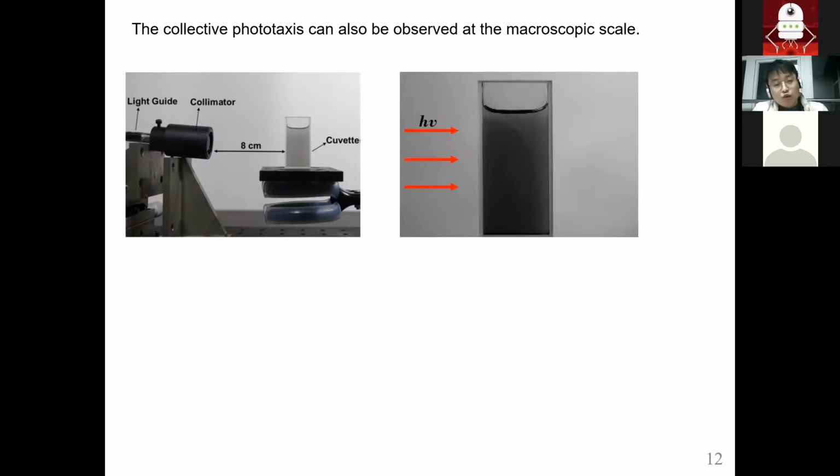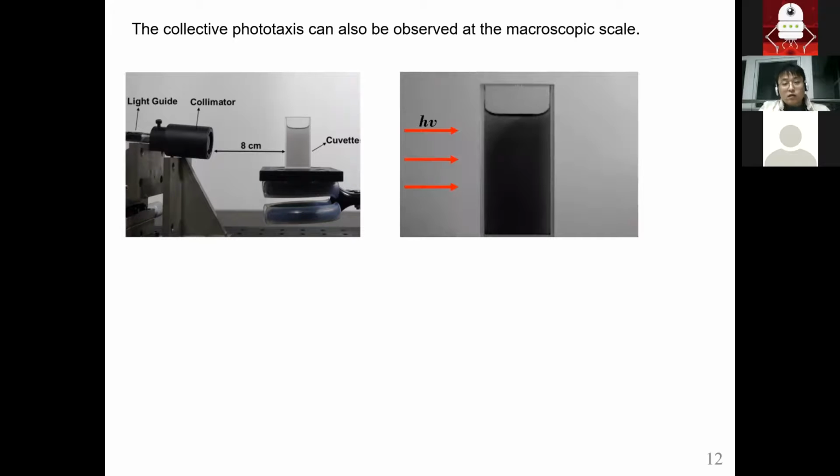The carbon nitride and polypropylene-based micromotors move towards the side walls over the query counters, showing positive phototaxis.